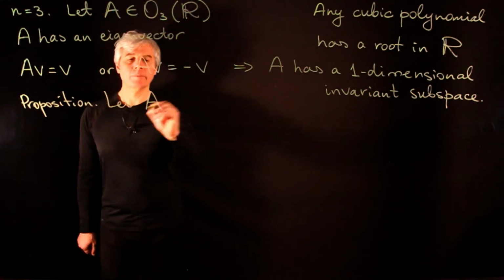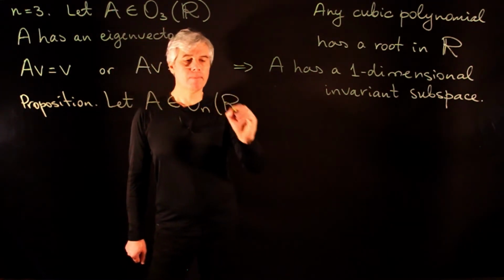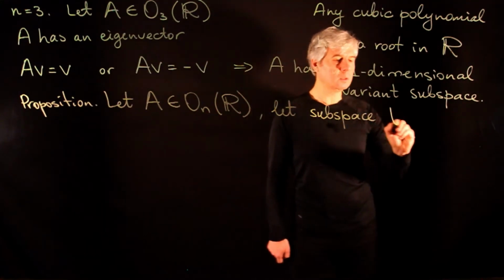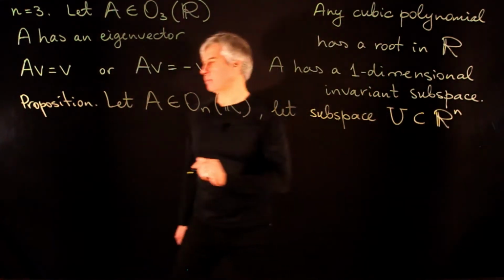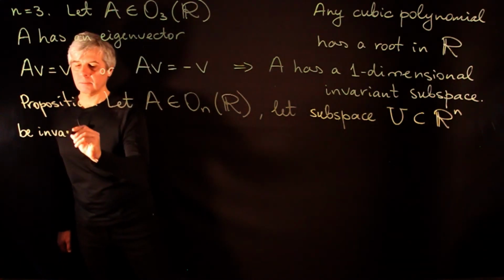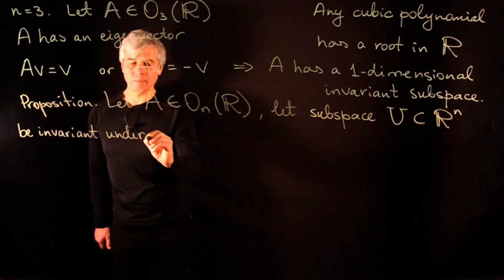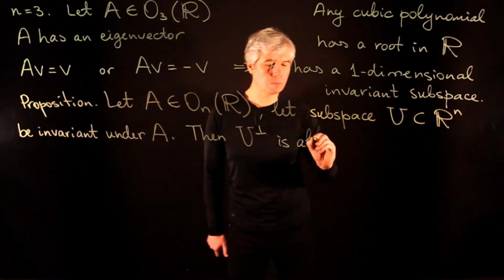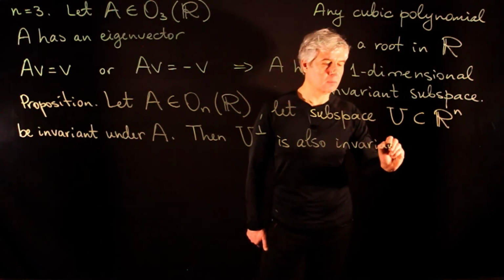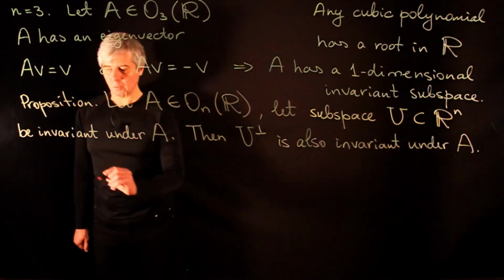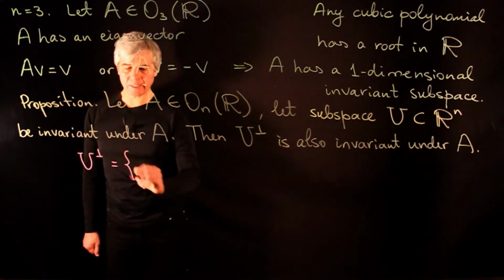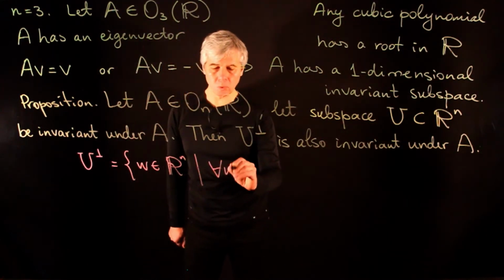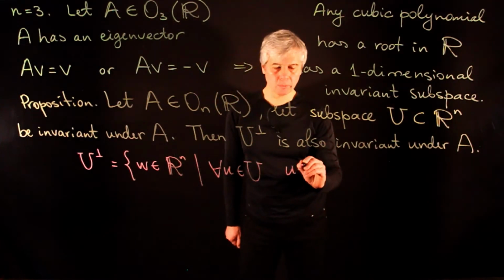Let A be an orthogonal transformation, and let the subspace U in Rn be invariant under A. Then the subspace U perp is also invariant under A. We recall that U perp is defined as the set of vectors W in Rn such that for all U in the subspace U, the dot product of U with W is equal to 0.